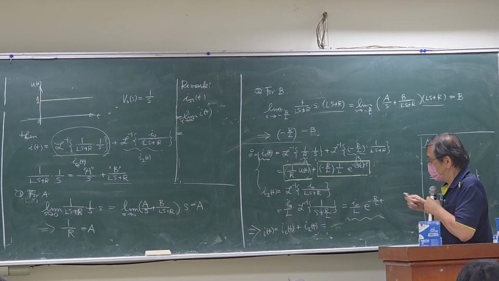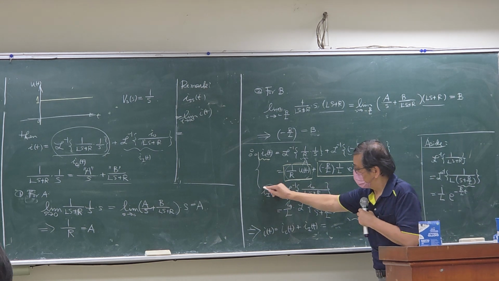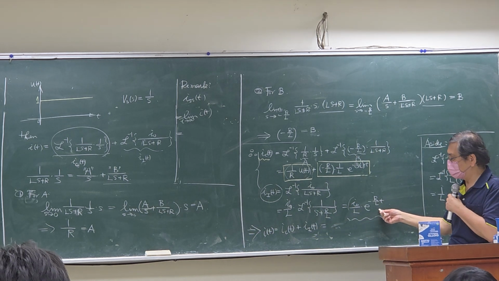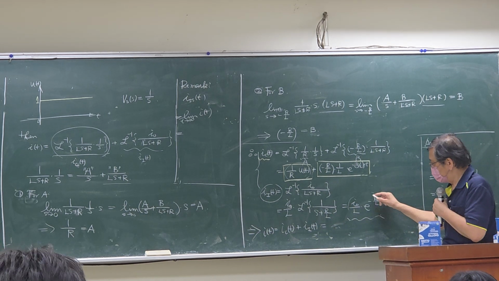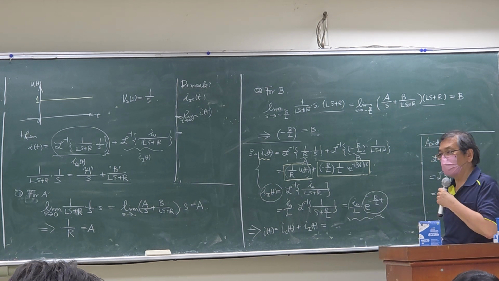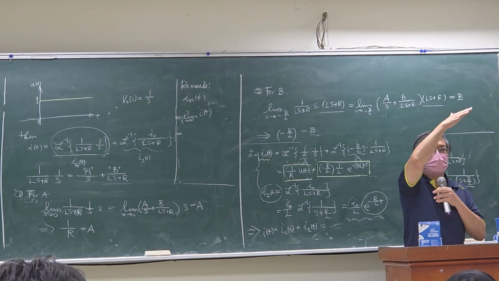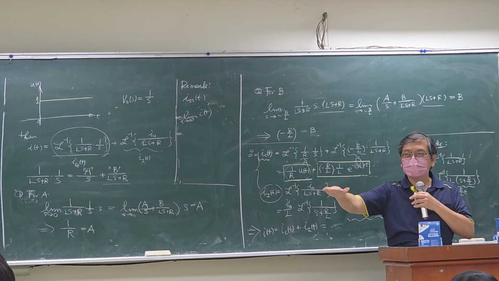And similarly for the initial value, this is the output due to the initial value. Also, this is an exponential decay function. So when t approaches a huge number, it's going to decay to 0 as well.